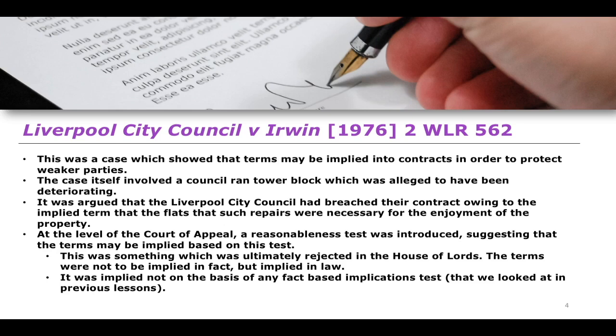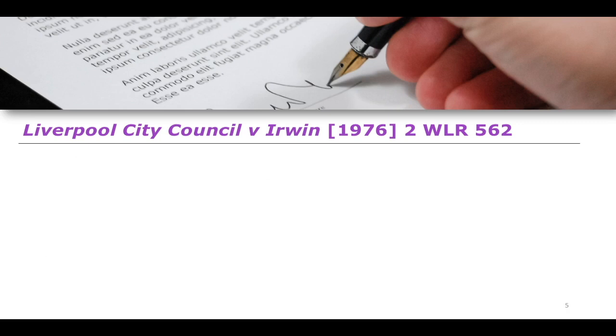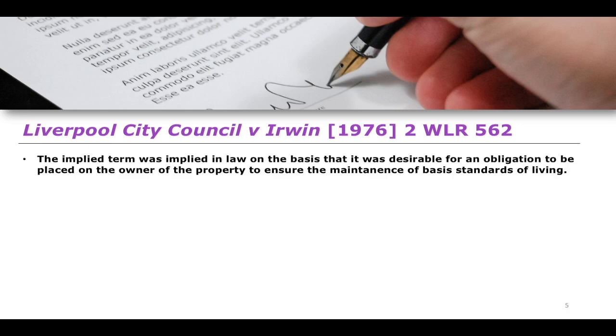In the same way that we looked at previously, it wasn't necessarily efficacious for business, or it didn't necessarily fit the officious bystander test. Rather, the terms were implied in law on the basis that it would be desirable for an obligation to be placed on the owner of such a property to ensure that the property itself maintained the basic standards of living.